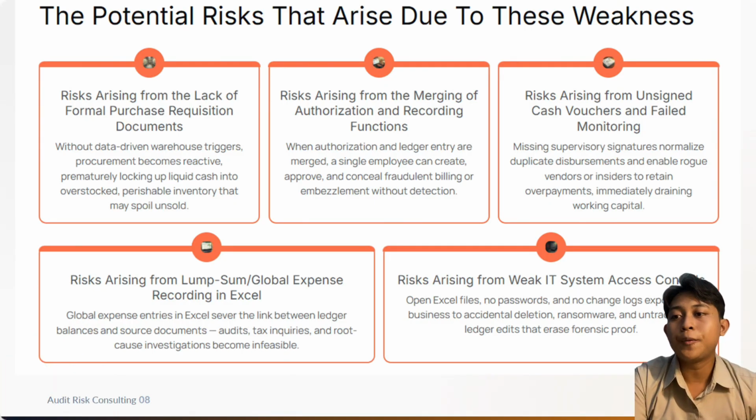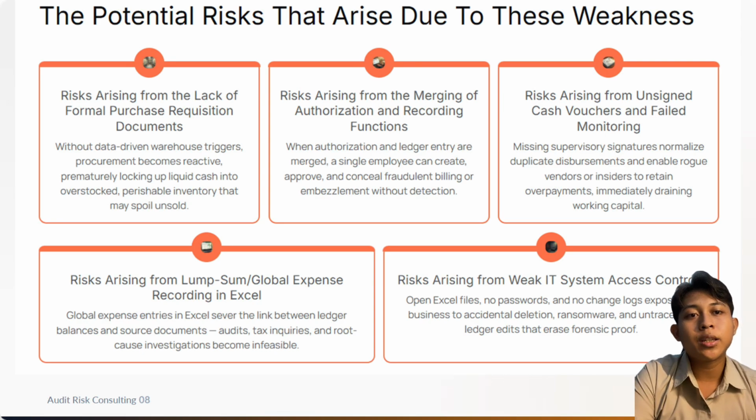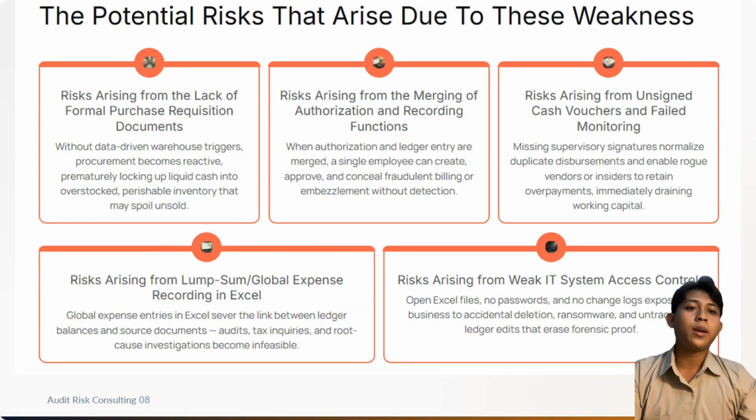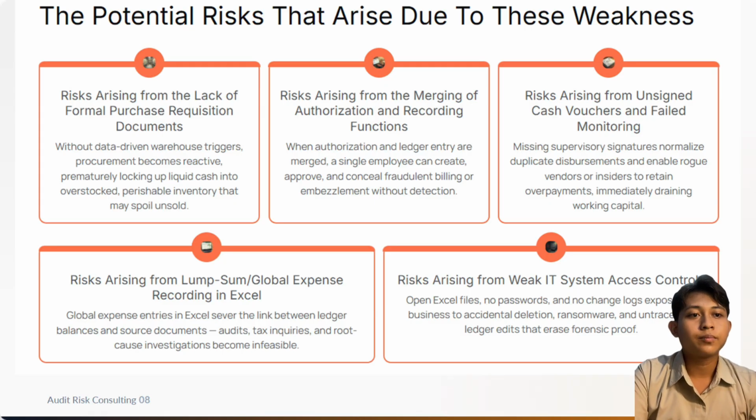And then the fourth is risk arising from lump sum or global expense recording in Excel. Completeness of the audit trail: a financial transaction must be traceable from the financial statement all the way back to the raw source document.